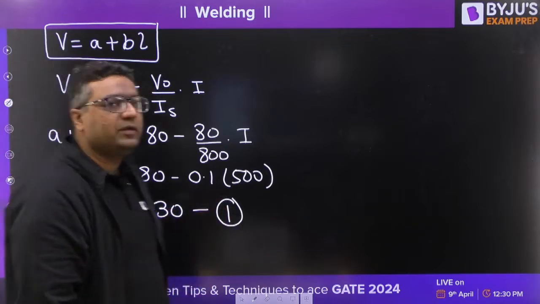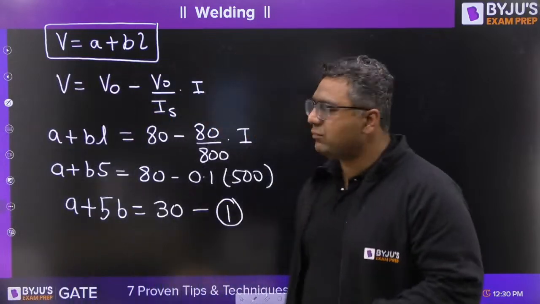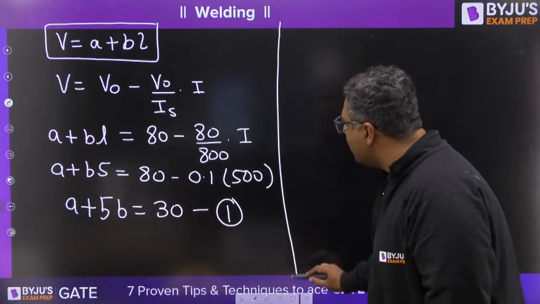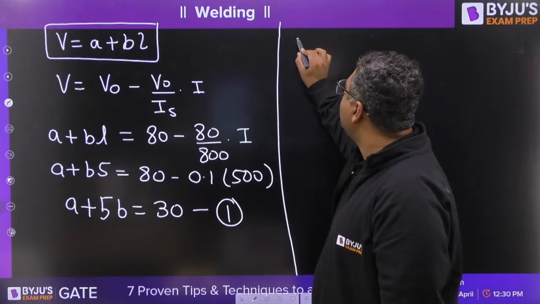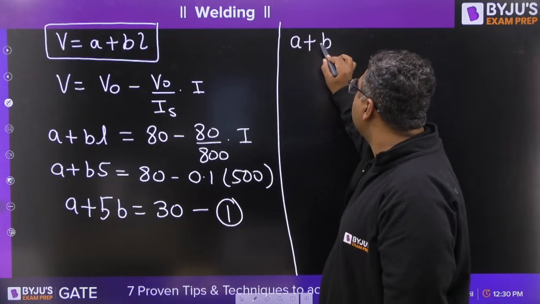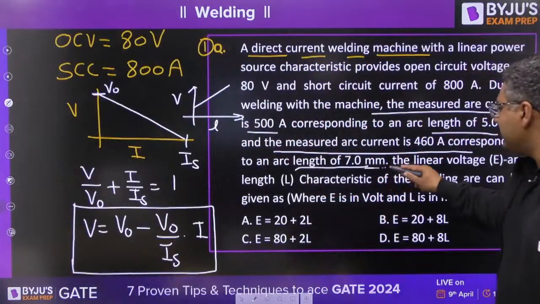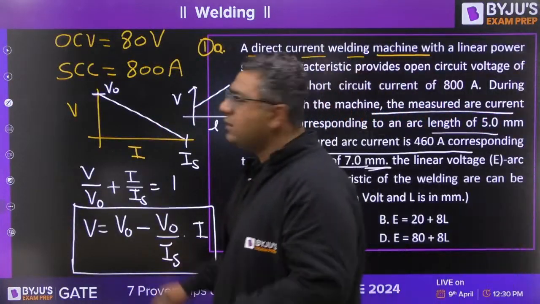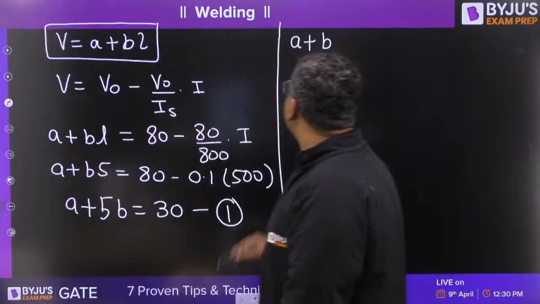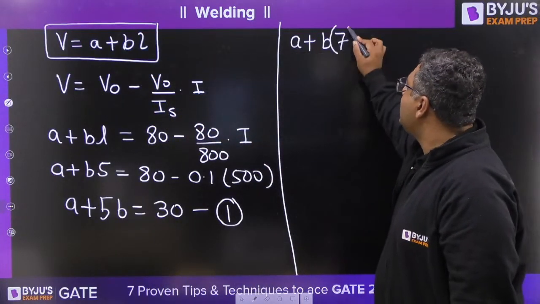Now we will have the second equation on the same concept. The second equation is going to be A plus B times, if you see the question, 7 mm. For 7 mm, current is 460.